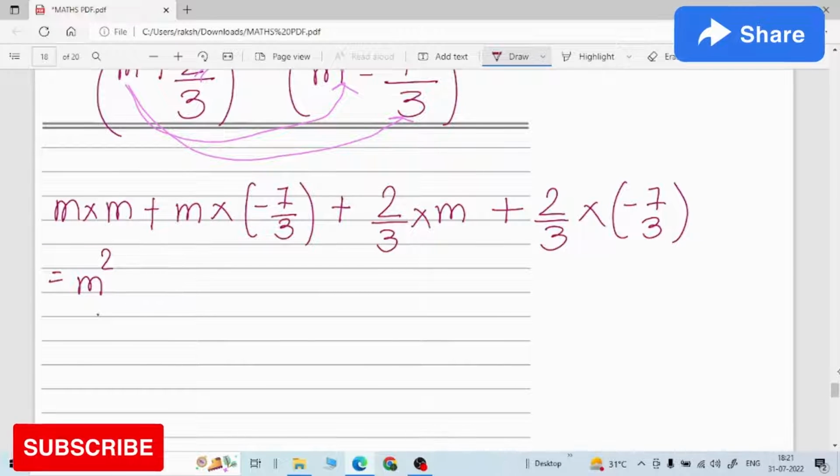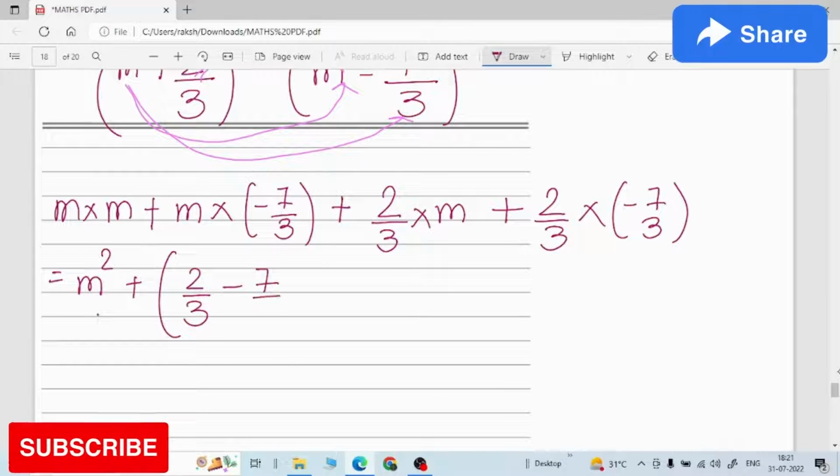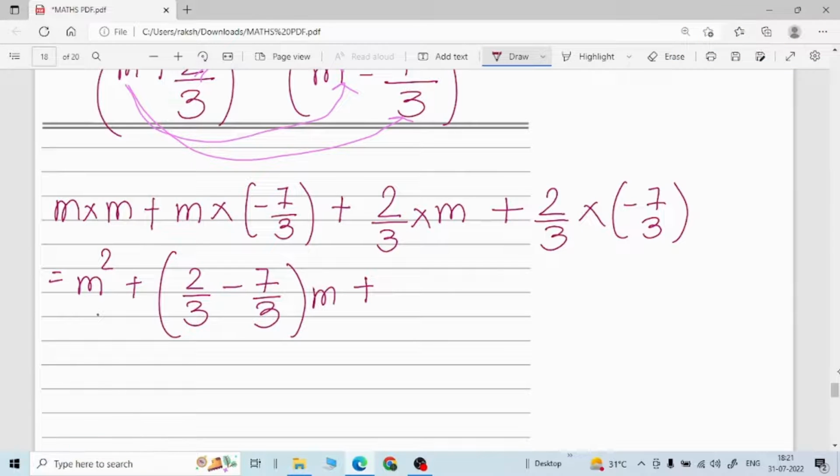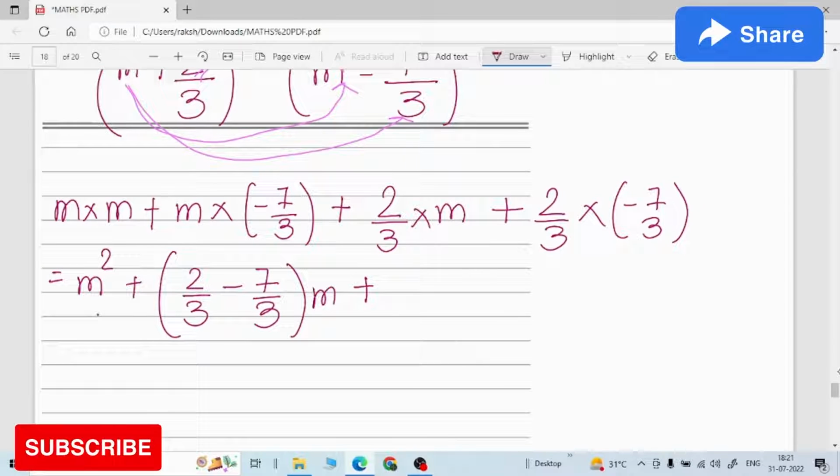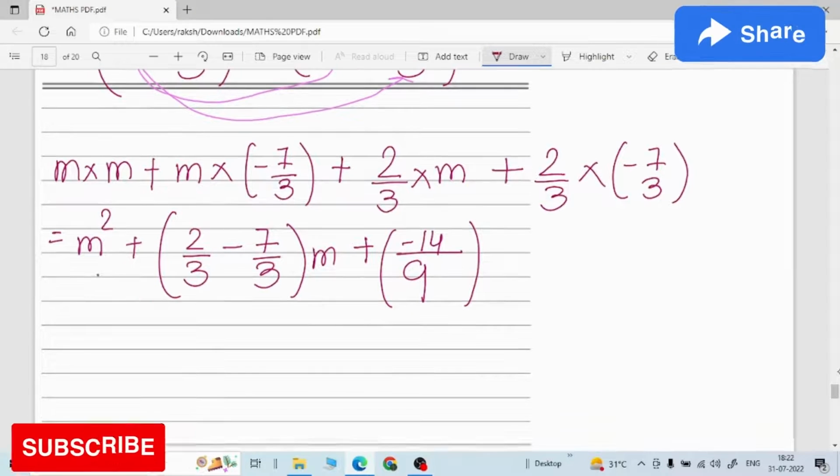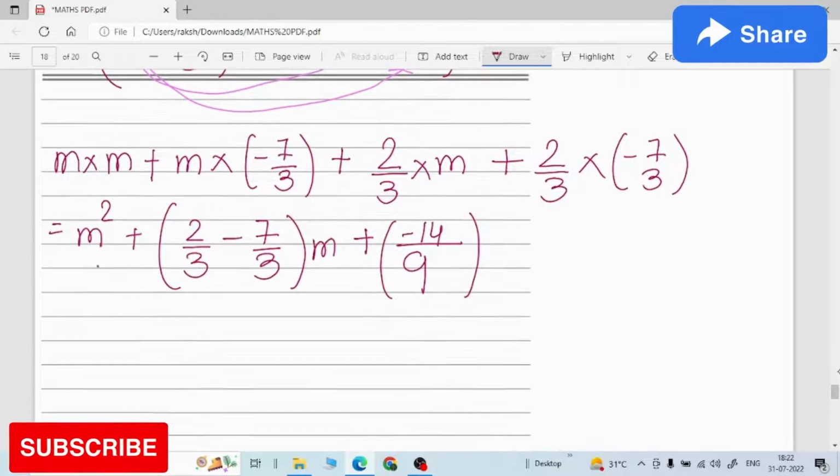Here m is common, so we'll write plus 2 upon 3 minus 7 upon 3, the whole bracket close, that is m. Is it possible to multiply this one? Yes, 3 threes are 9. So 2 times 7 is 14, that is minus 14 upon 9.